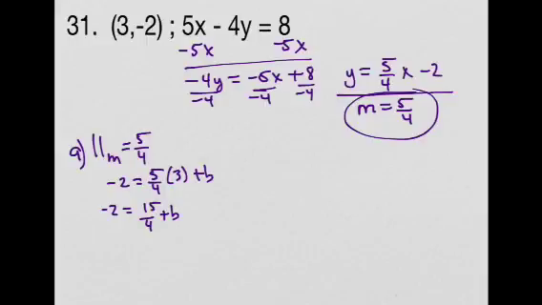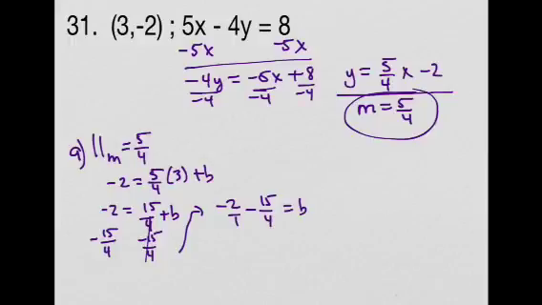So I'm going to subtract 15/4 from both sides. Okay. And so I need a common denominator, so let me just move it over here. -2/1 minus 15/4 is b.